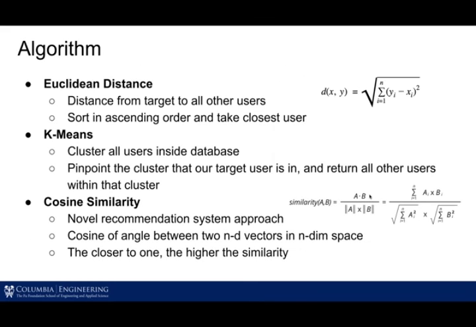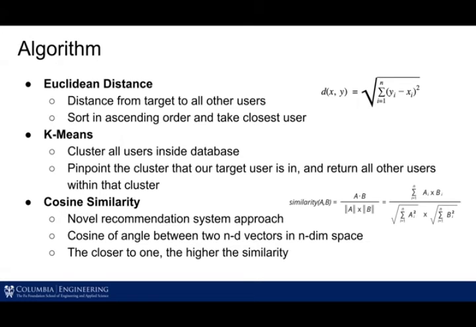Now I am going to go over some of our algorithms and our reasoning for choosing the final algorithm that we use for the recommendation system. The first and simplest algorithm we looked at was called the Euclidean distance, which is simply the distance between two different data sets. The distance from the target to all other users is calculated using this formula.